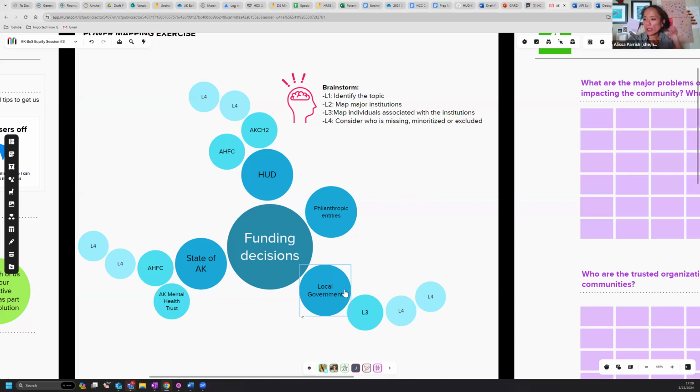What about for local government? So city and borough of Juneau, city municipality of Anchorage, other local government, Fairbanks, city of Fairbanks, borough of Fairbanks, Matsu. What kind of major individuals are associated with those institutions?